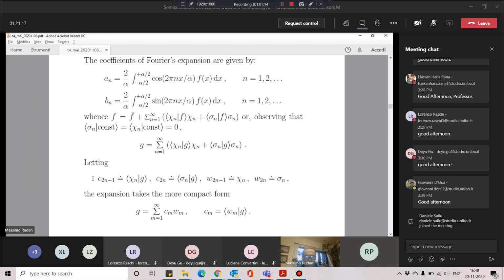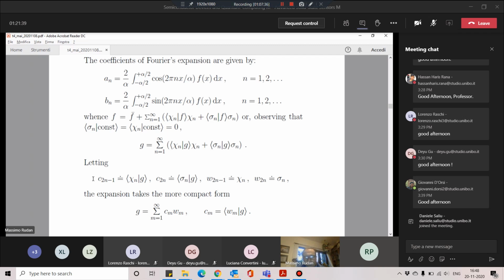And then we have the coefficients, those of odd orders, C2n minus 1 correspond to chi n times G. And those of even order, C2n, correspond to sigma n scalar G.